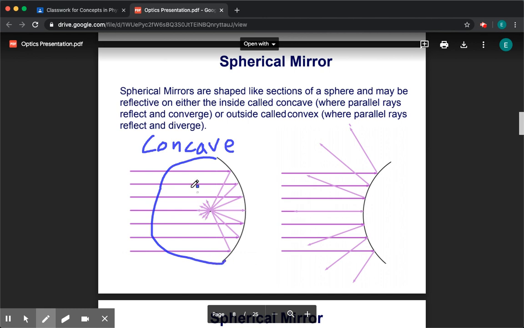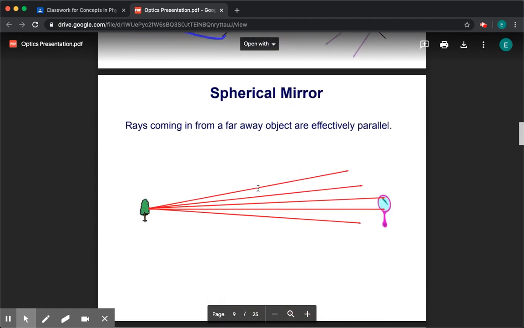Obviously that's not pretty, but the rays are inside the sphere. So this is concave. If the rays are on the outside of the sphere, we call that convex. So this is a concave mirror and this is a convex mirror. And you're going to get different images depending on what type you have. So let's get into that.